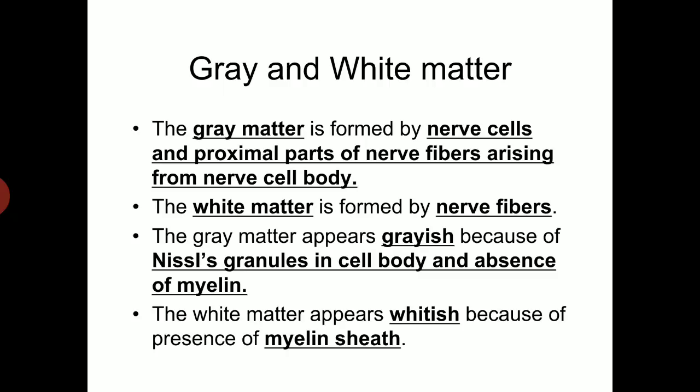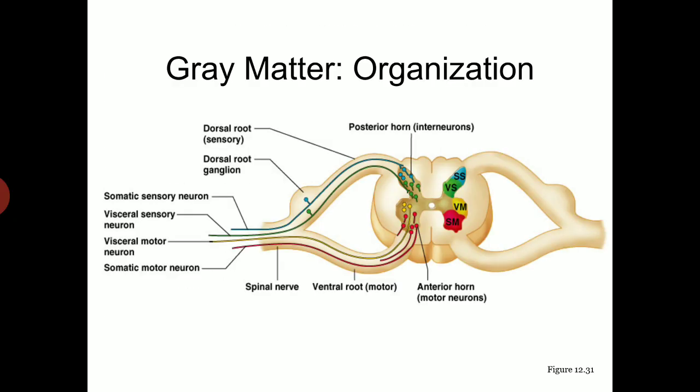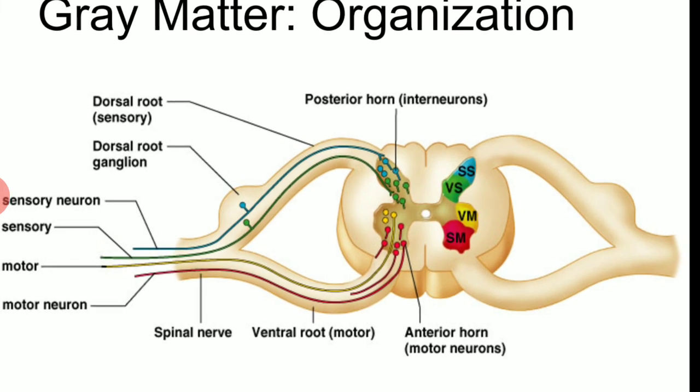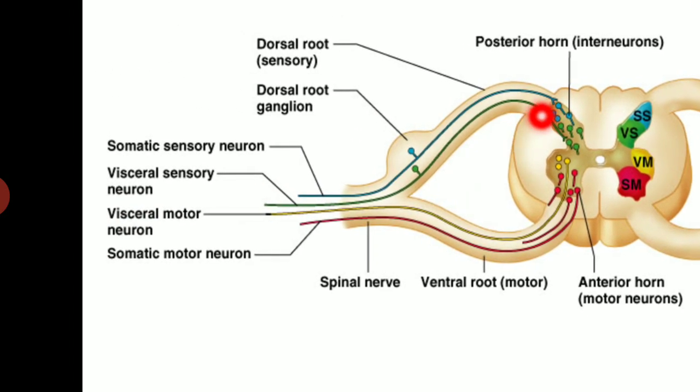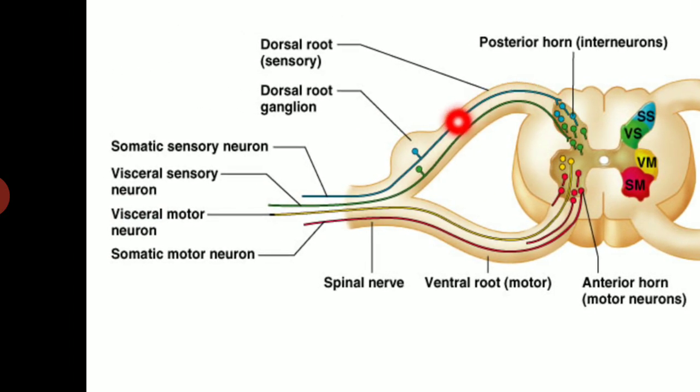Now, gray matter organization. In gray matter there is a dorsal root which is sensory.